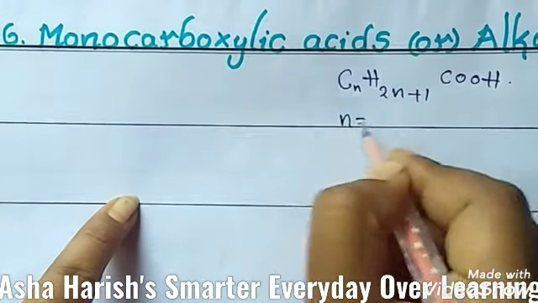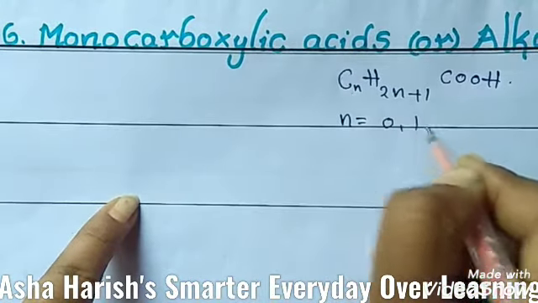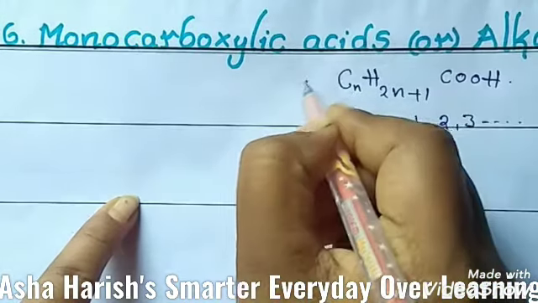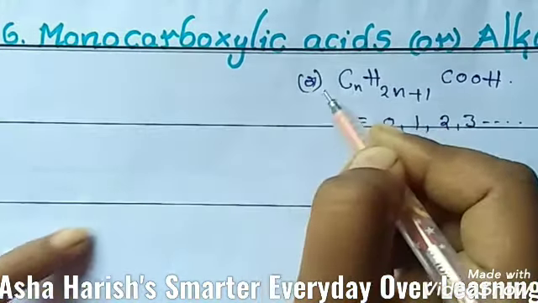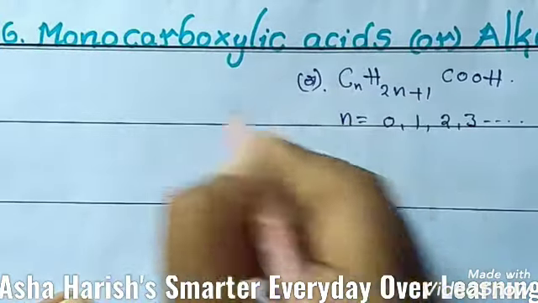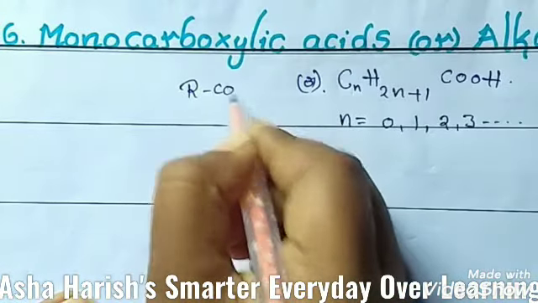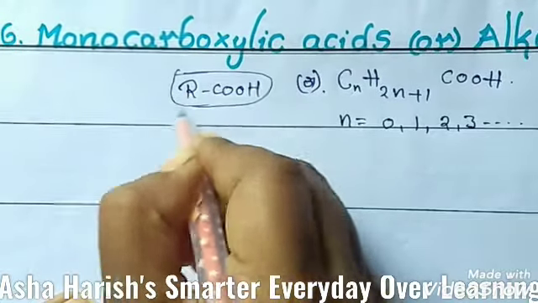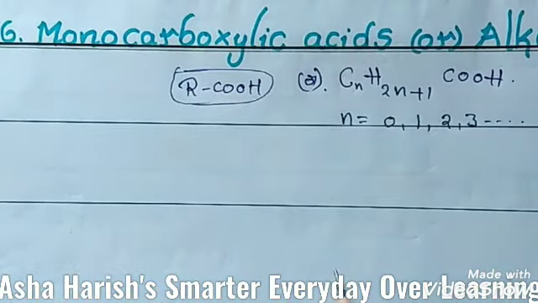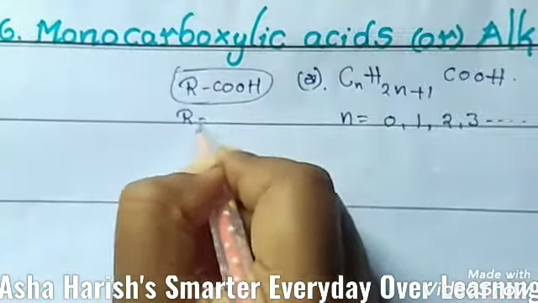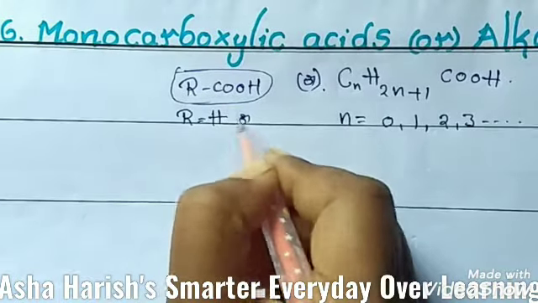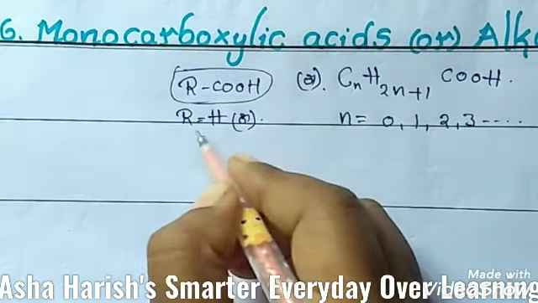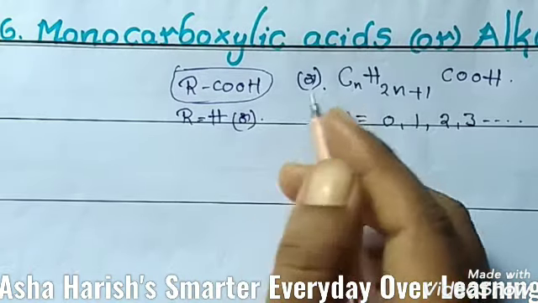Here in the place of n you should take 0, 1, 2, 3, etc. Instead of this you can use the general formula R COOH. This is actually the carboxylic acid functional group general formula, RCOOH, where R is H or any alkyl group. Instead of this R you can write any alkyl group.